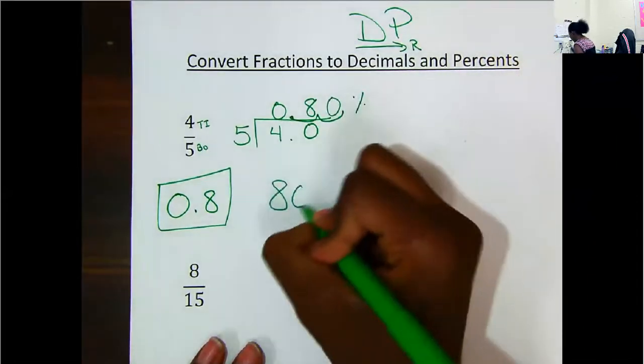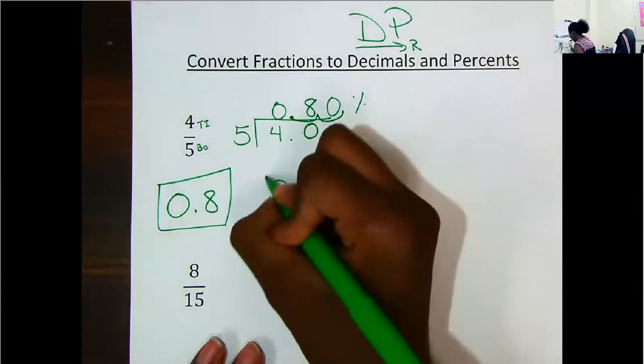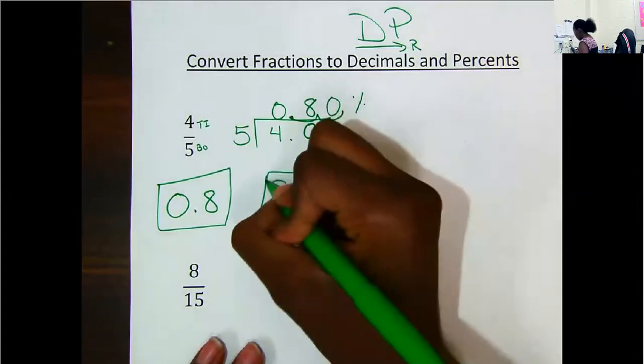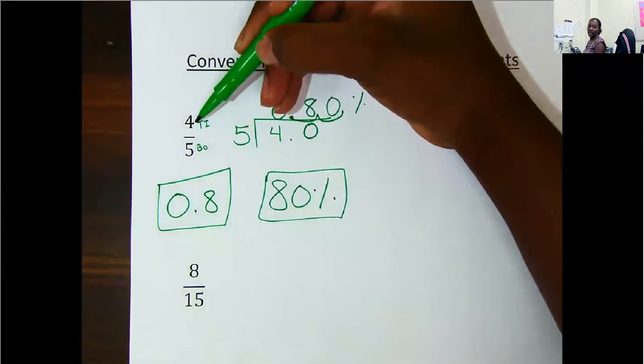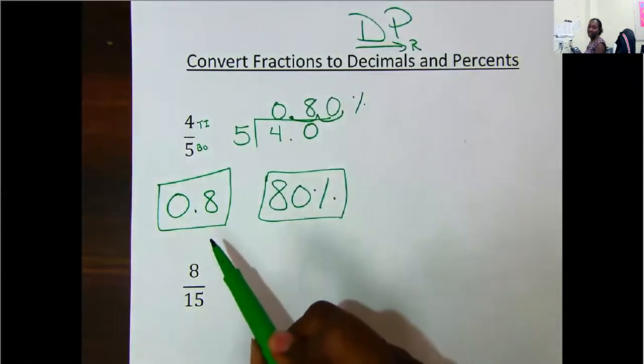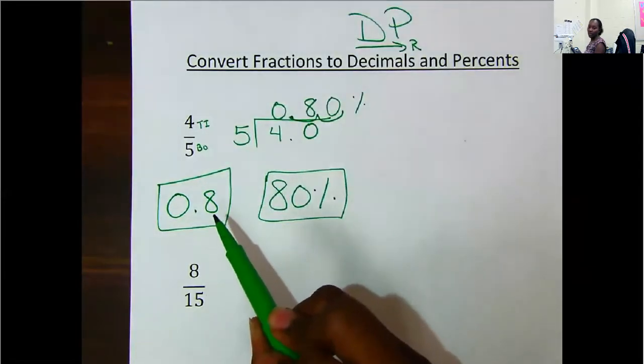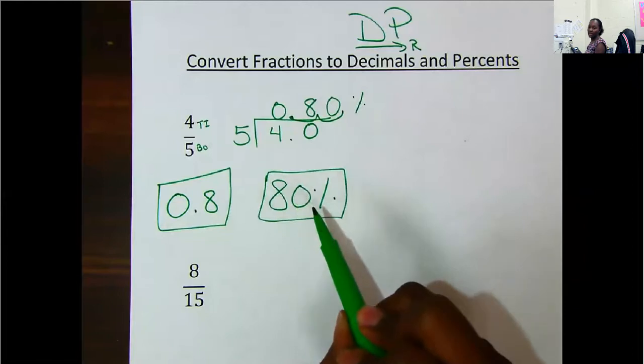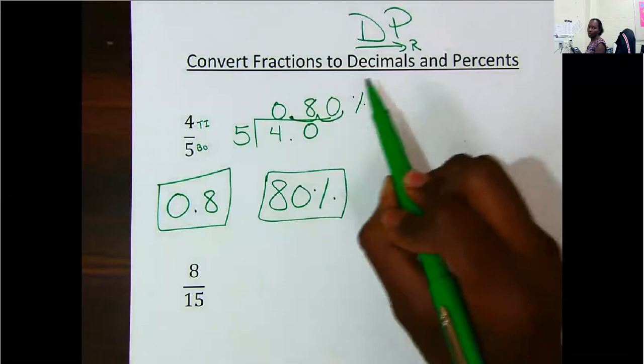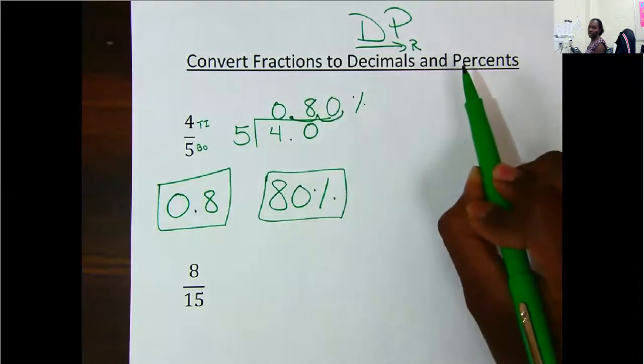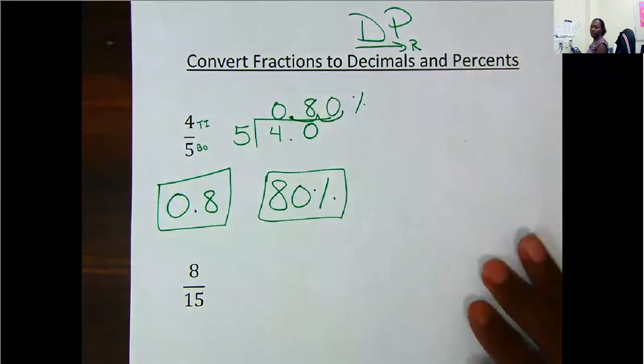So my percent is 80%. So 4/5 as a fraction is represented as 8/10 as a decimal and 80% as a percent. So I have answered all of my questions. Fractions to decimals and percents. Let's try the next one.